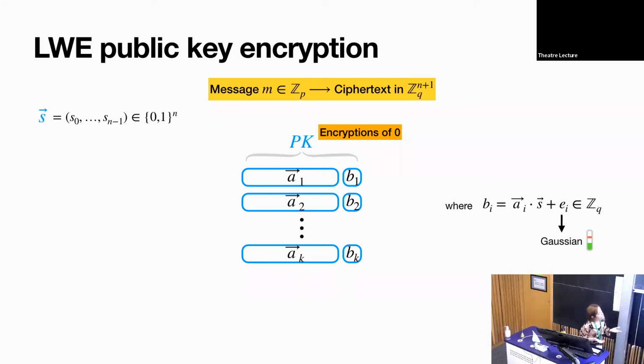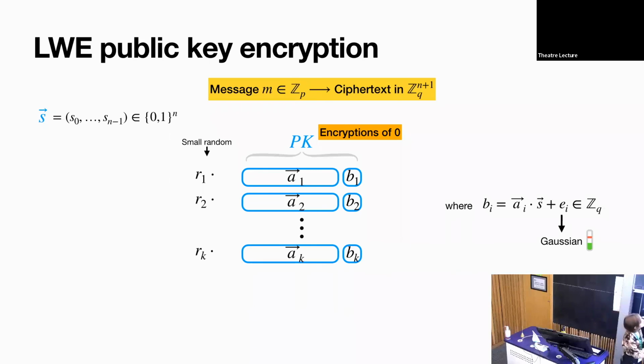And then what do you do to encrypt? The person that wants to encrypt selects some small randomnesses, generally distributed as the secret key or following a different distribution, generally very small. Then they multiply and add all those encryptions together.